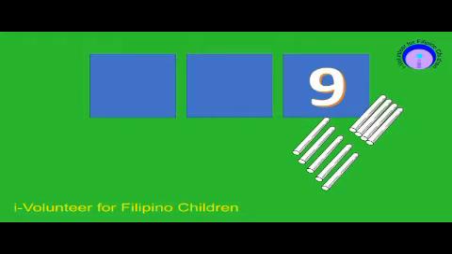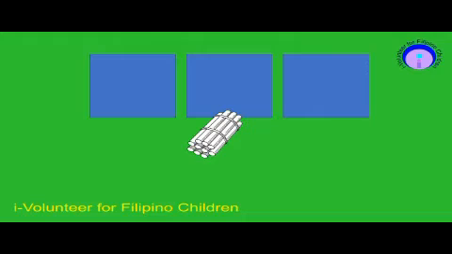Remember that 9 plus 1 is equal to 10. 10 has 2 digits already. Ano ang gagawin natin? I have here 10 individual sticks. The 10 sticks can be bundled into one.